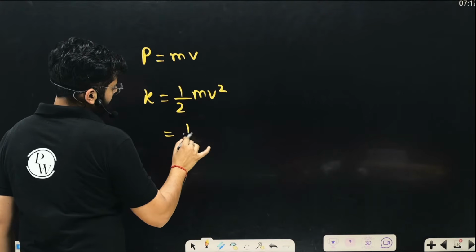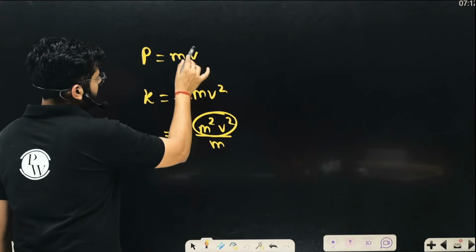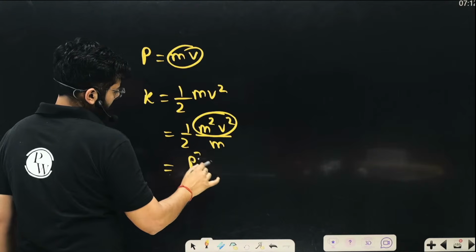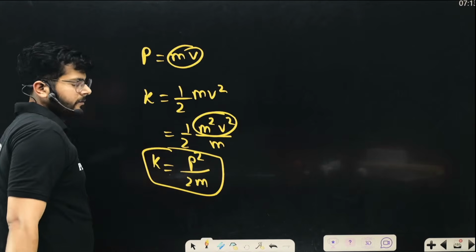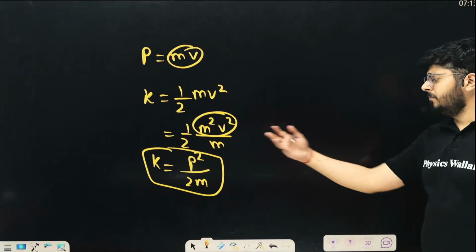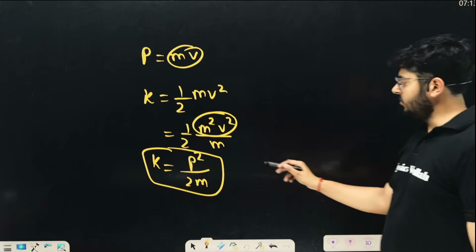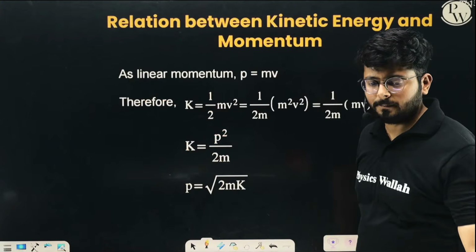If I write it as half m square v square upon m, then in place of this we can put the square of momentum upon twice the mass. This is how the kinetic energy can be written: the square of momentum upon twice the mass. Multiple times it is used, and in previous year NEET papers this has been asked various times.